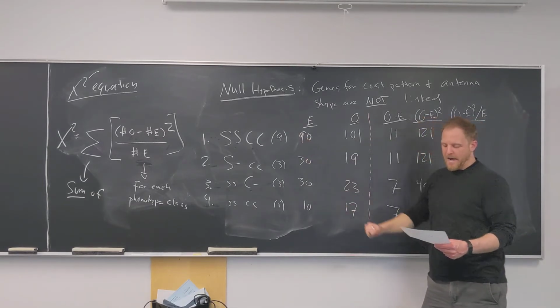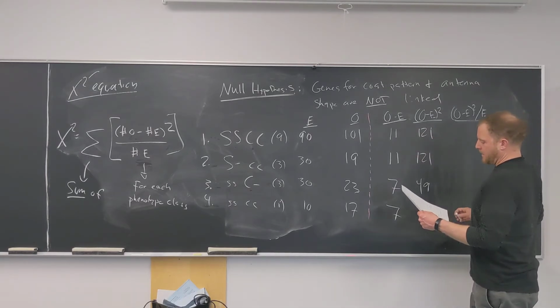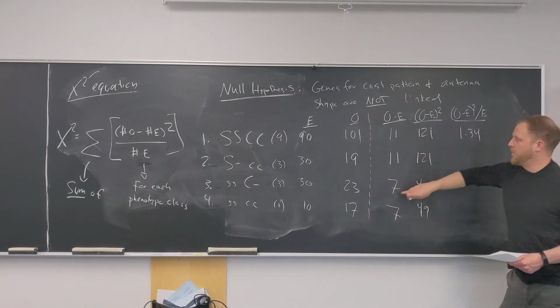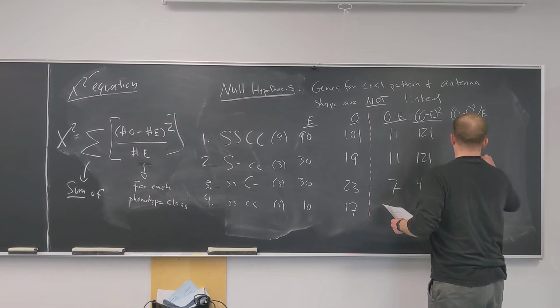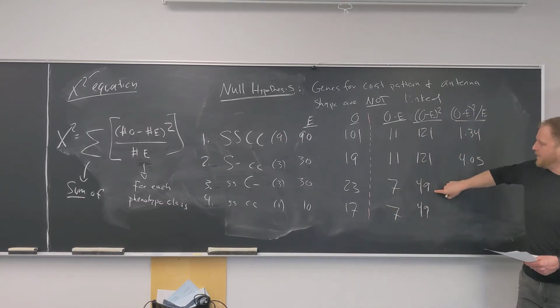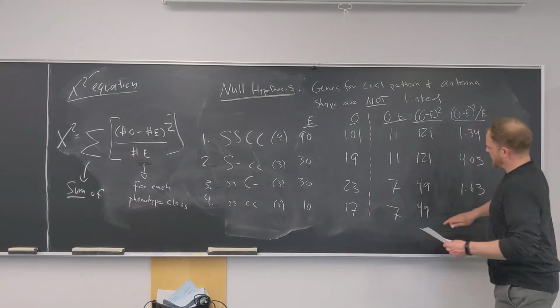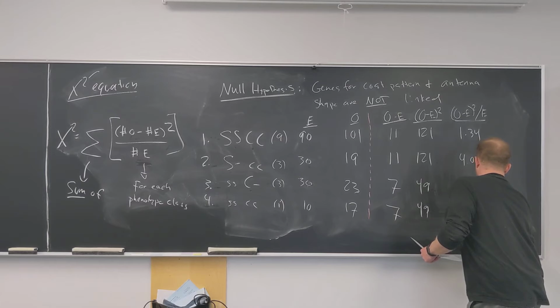I've already done the math on this one. If we take 121 and divide it by 90, we get 1.34. 121 divided by 30 is 4.03. 49 divided by 30 is 1.63. And 49 divided by 10 is 4.90.